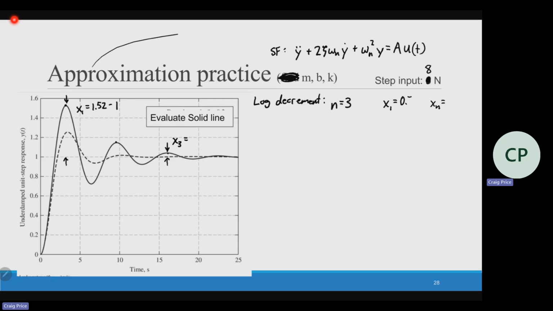So I would say that x1 is equal to about 0.52. I don't think it's exactly in the middle, but it's a little bit higher, so that's why I went with 0.52. You can say 0.53, it's not going to change your answer much. Now x3, same thing. It is not the absolute value, it's with respect to steady state, which is 1. What would you call that?